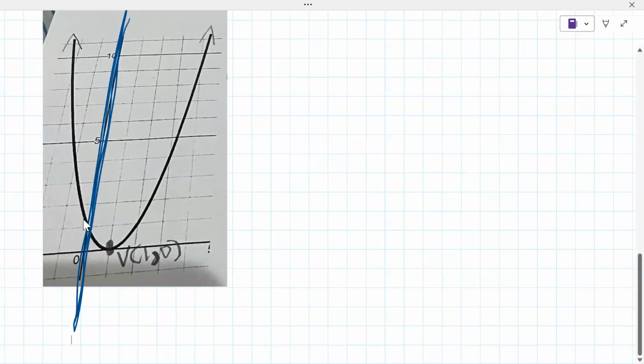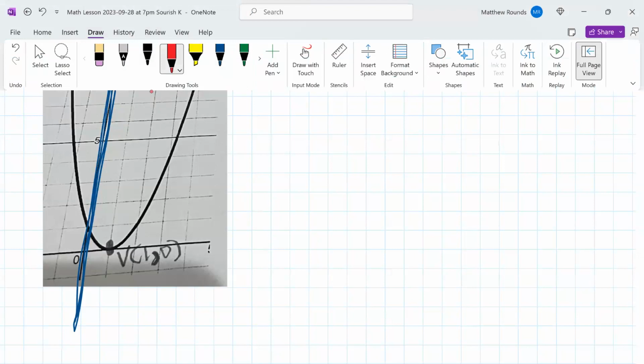Is the graph on the left the same as what's on the right? Imagine flipping this over. It either is or it isn't. It has to be yes or no. No, it's not.